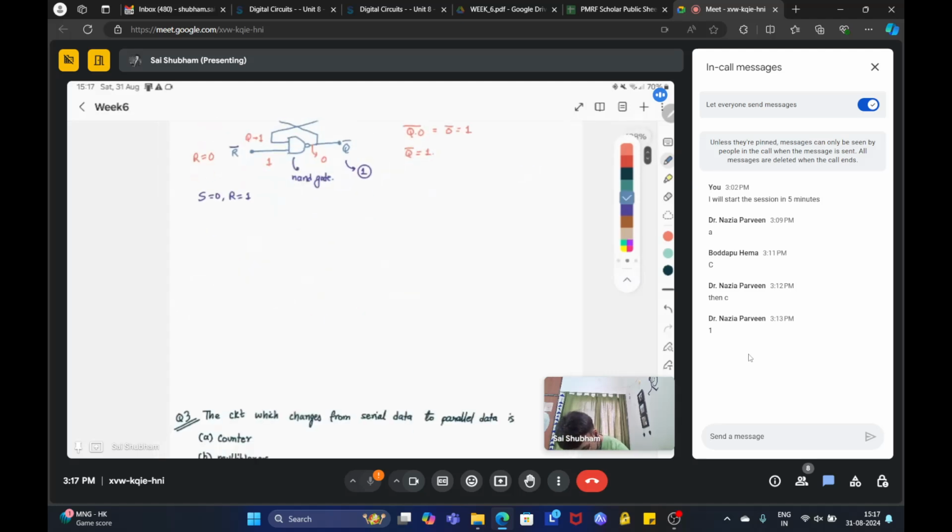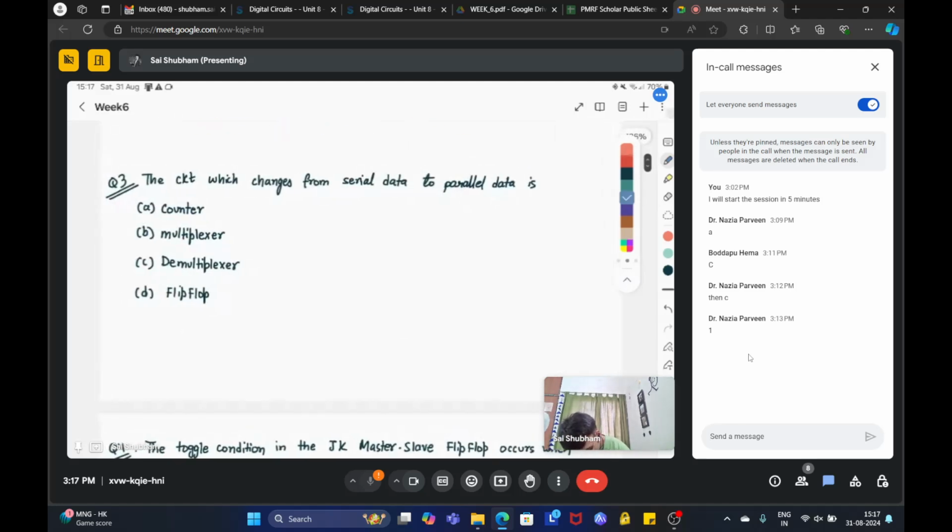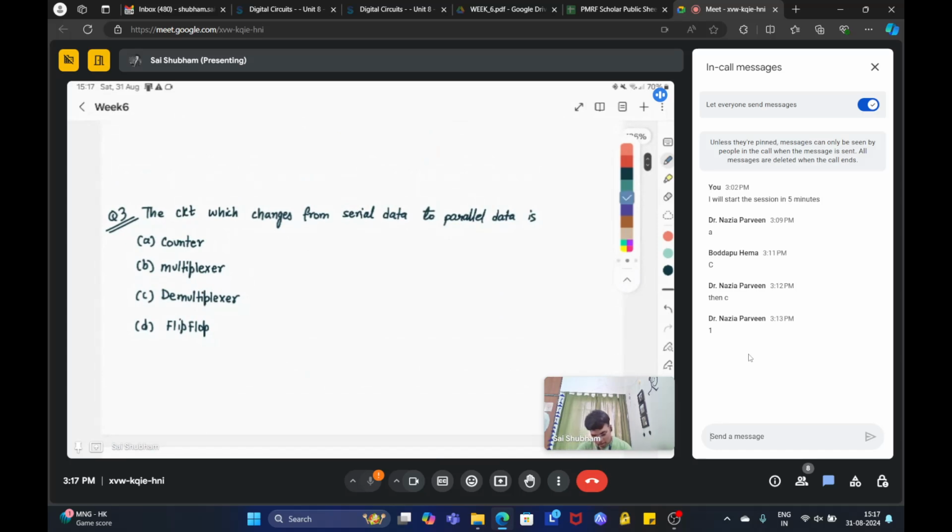So moving on to the next question. The circuit which changes from serial data to parallel data is, there are 4 options: counter, multiplexer, demultiplexer and flip-flop.